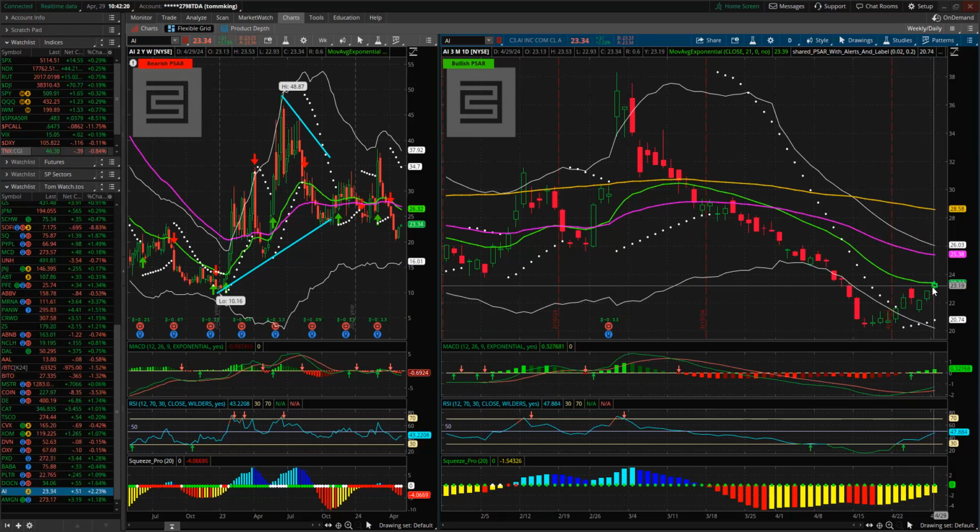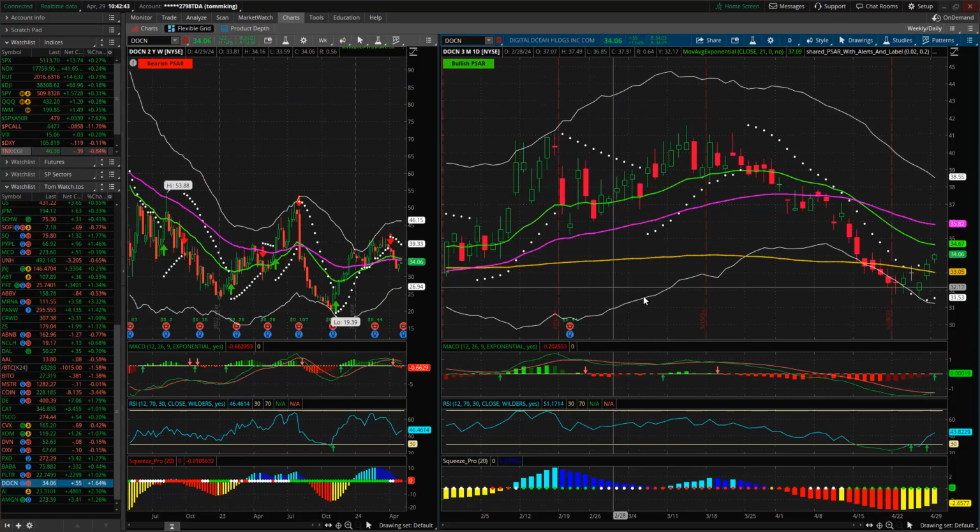So trading above the VWAP off of this low, everything looks good. I think AI looks pretty interesting here. I would consider a put credit spread here. I don't love the size of it, but I think AI looks interesting. I think DigitalOcean looks interesting here. Same type of setup.